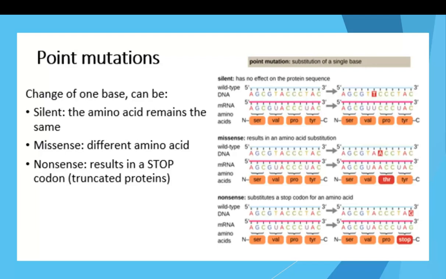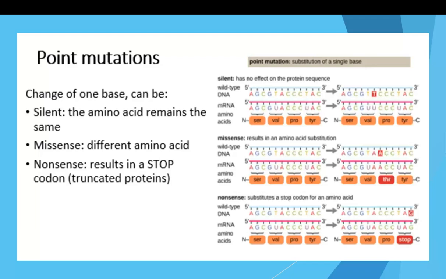And then we have nonsense mutation. This is when one nucleotide changes on your DNA and the messenger RNA changes, but unfortunately the codon, because of the mutation, is going to make an early stop codon.